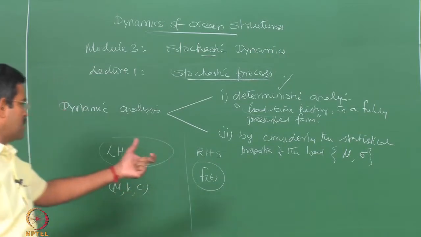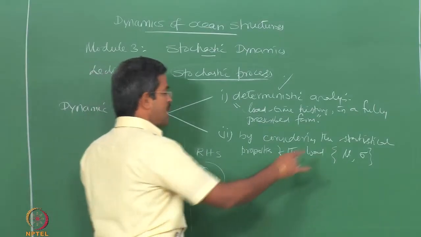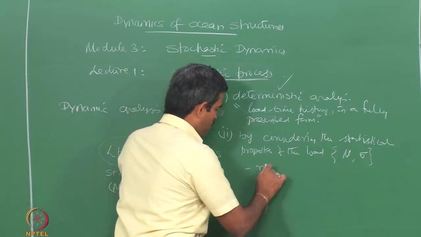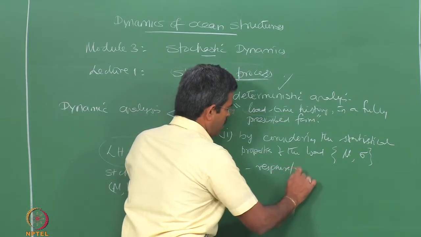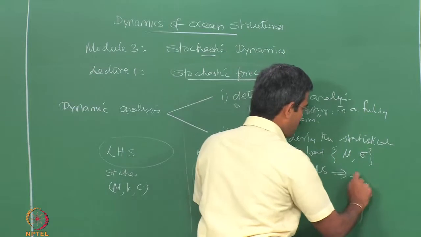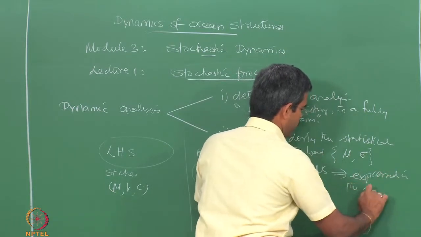These are the first order characteristics of any given system. So, if you know the statistical properties of the given load, then obviously the response and the results of the analysis will also be expressed usually in the same manner.